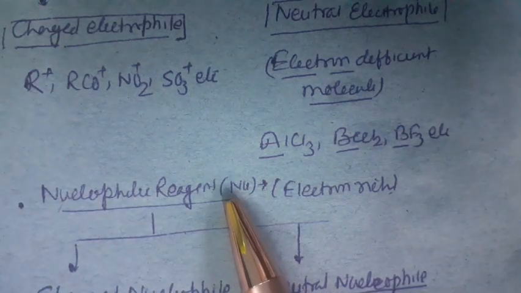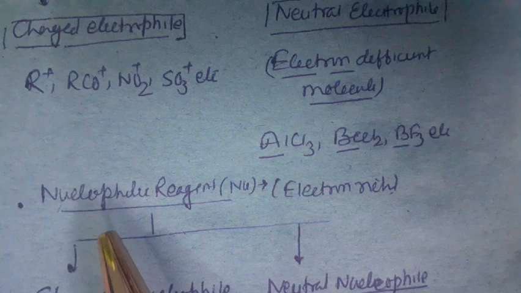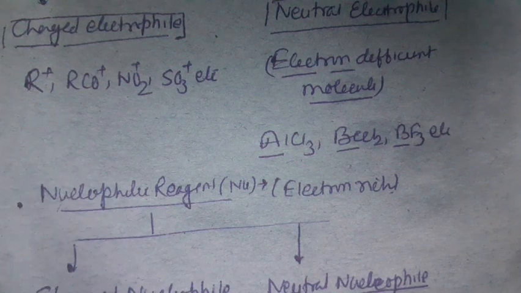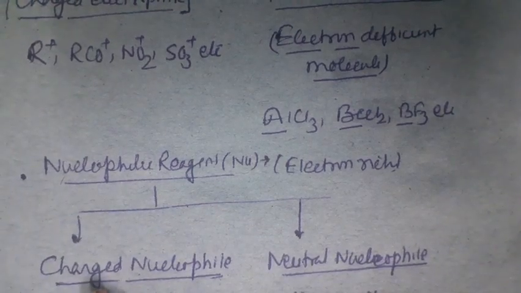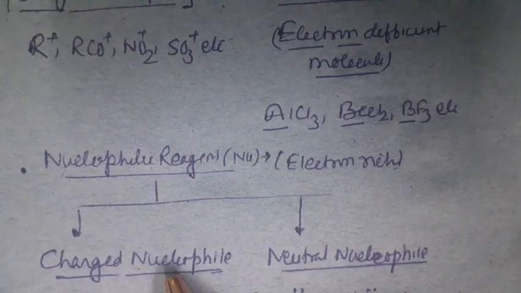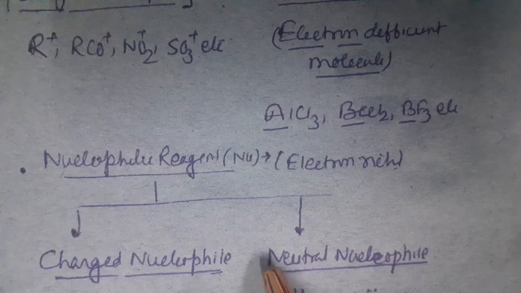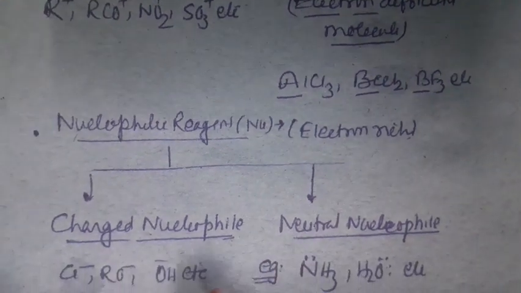Nu stands for nucleophile. All the electron rich species are examples of nucleophilic reagents, and they are further classified into two parts, one of which is called charged nucleophile and the other one is neutral nucleophile.